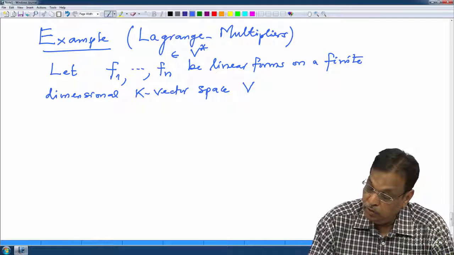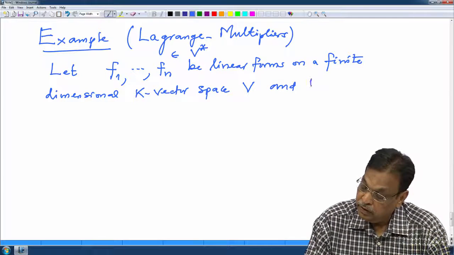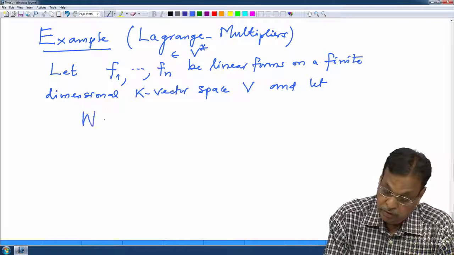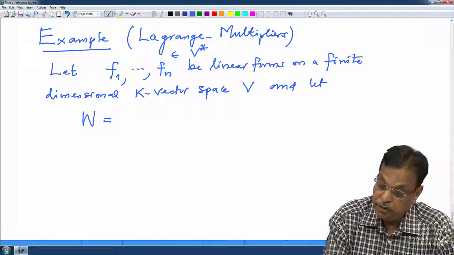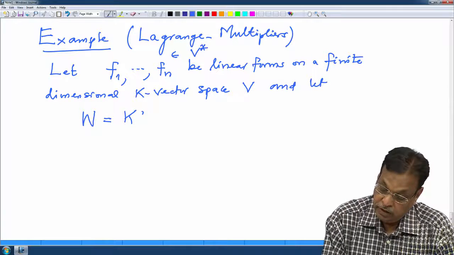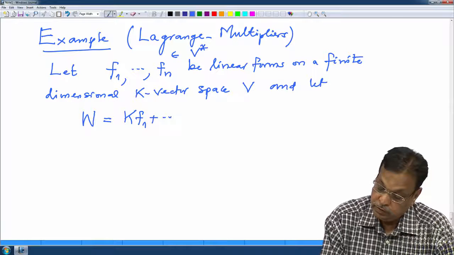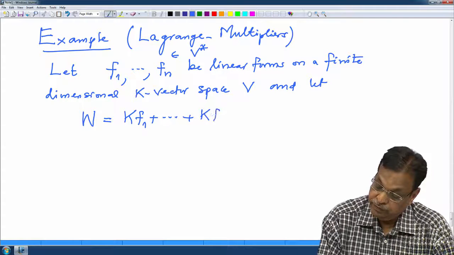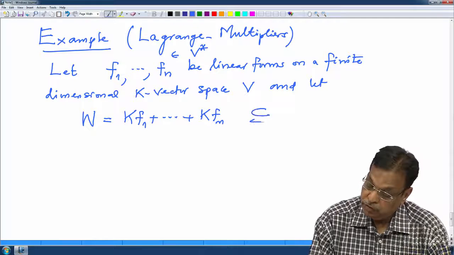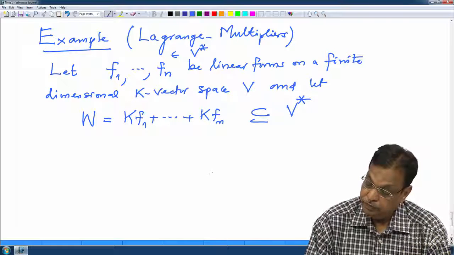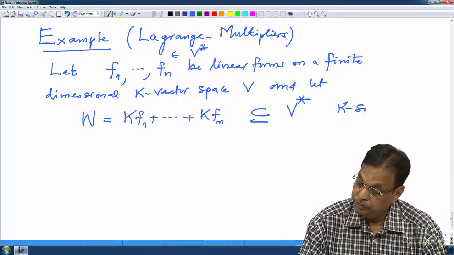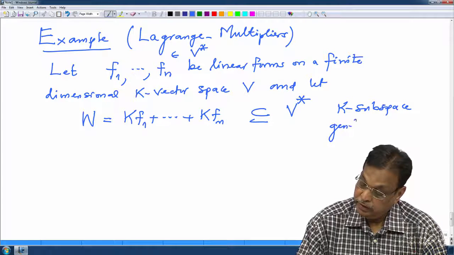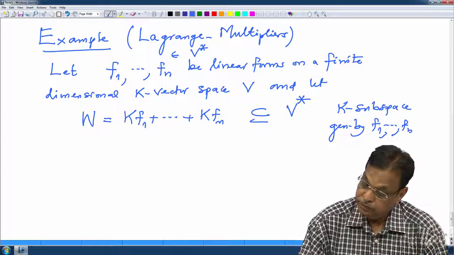Let W be the subspace generated by these linear forms, Kf1 plus ... plus Kfn. This is a K subspace of V star generated by f1 to fn.